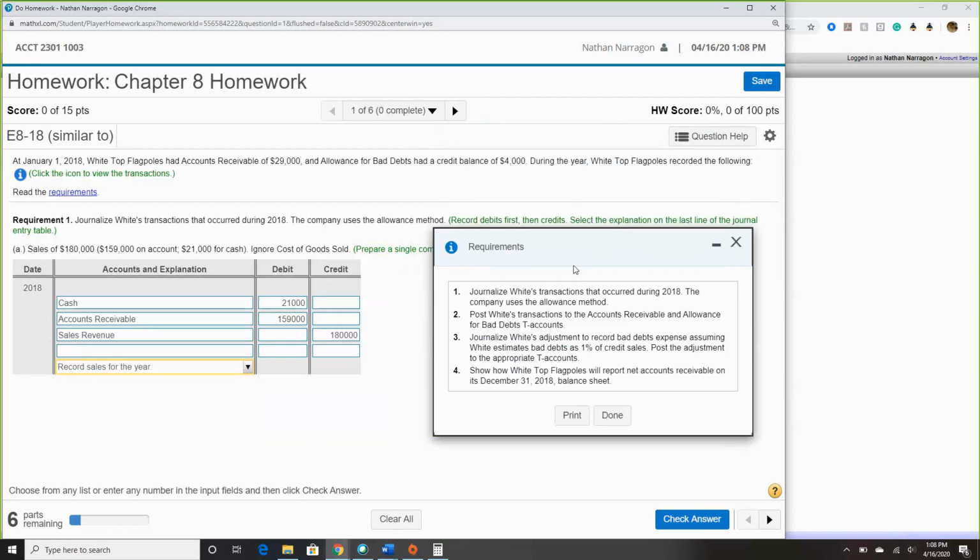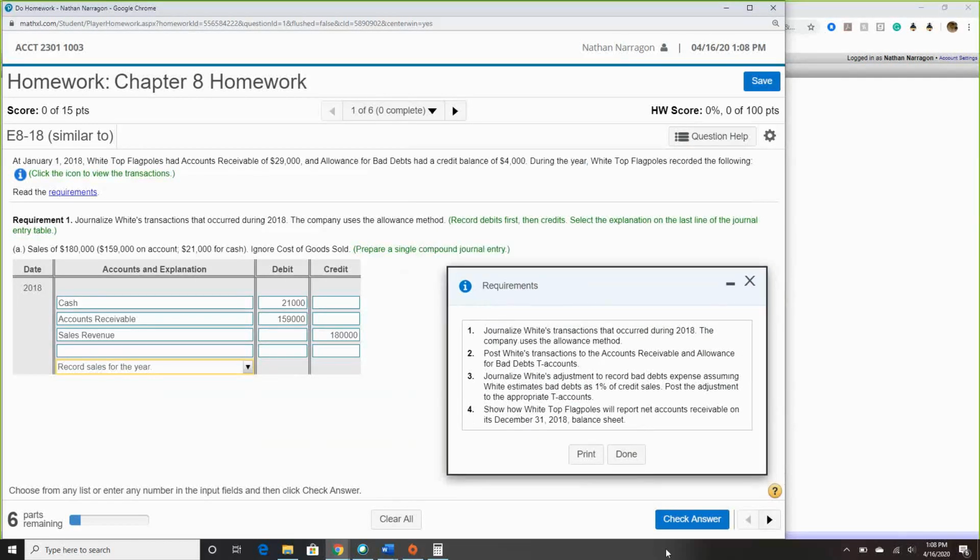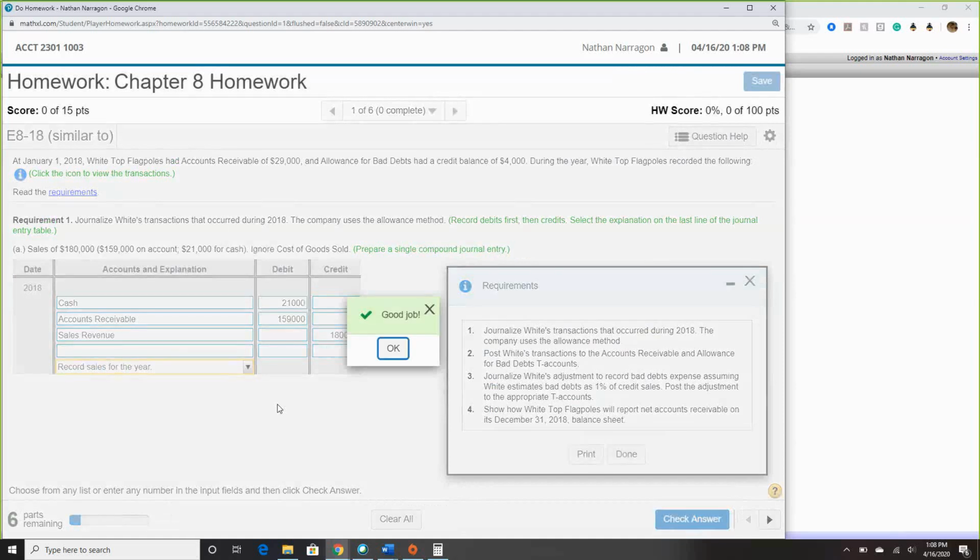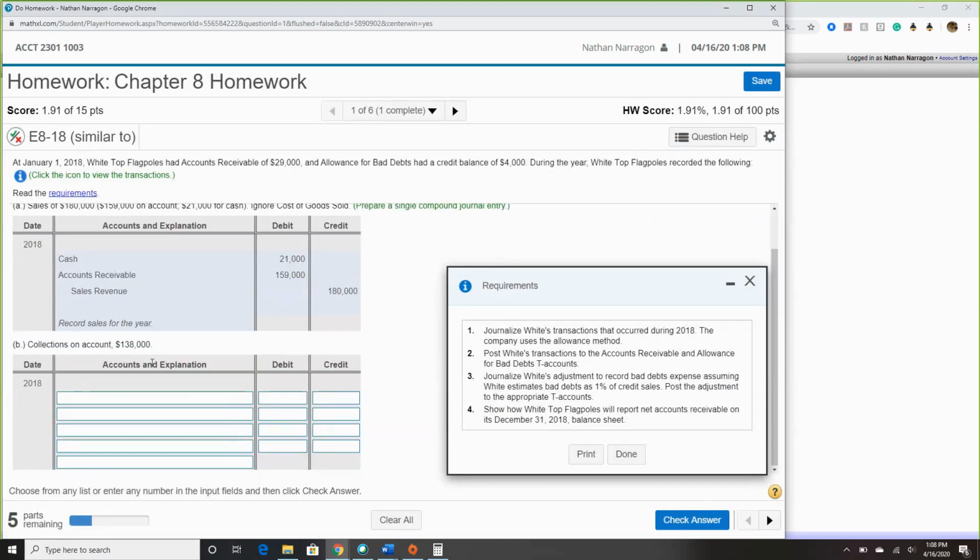And because that's the requirement, go ahead and check, and everything should be good. This is again known as a compound entry when we have more than 2 accounts.